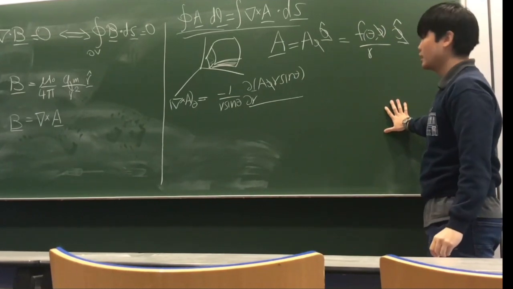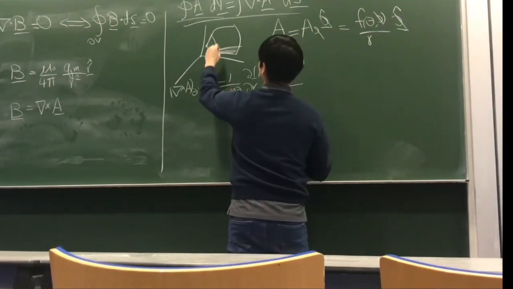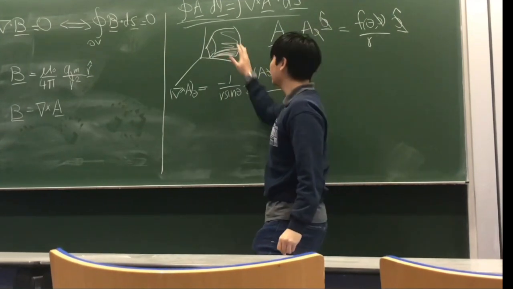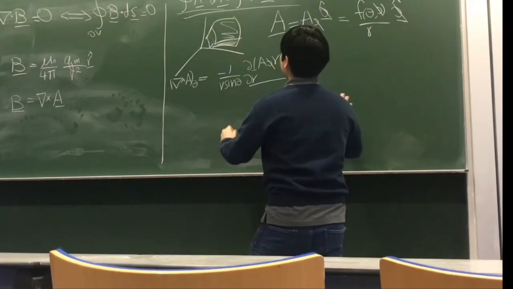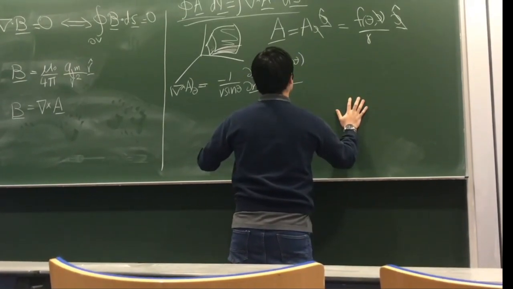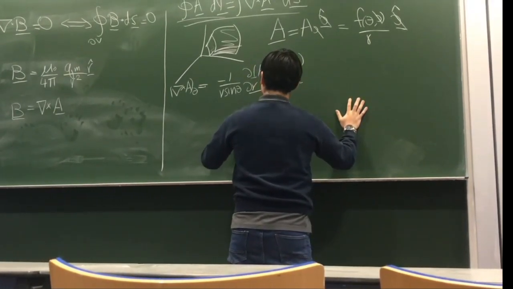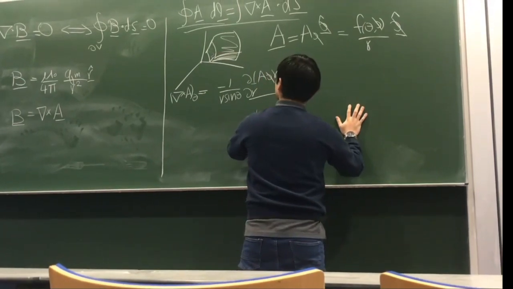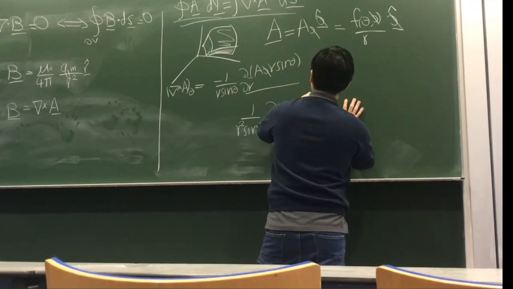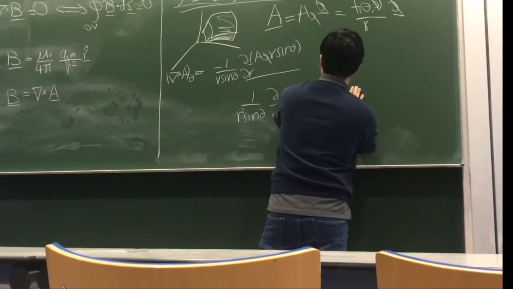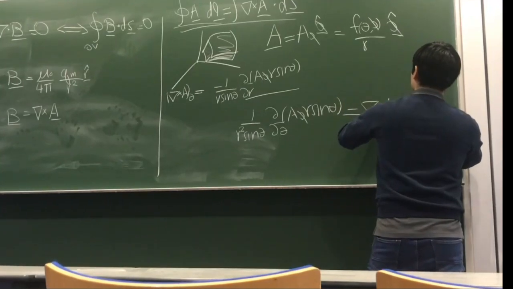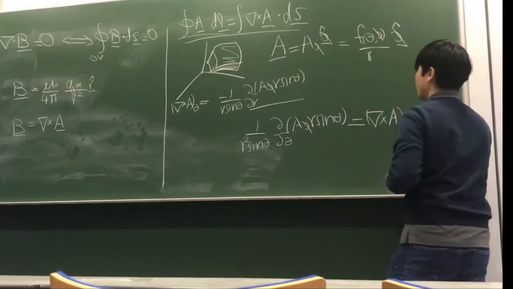Right? Now, the last part is this surface, which is the surface of constant r. So the curl is that, the curl in the r direction.